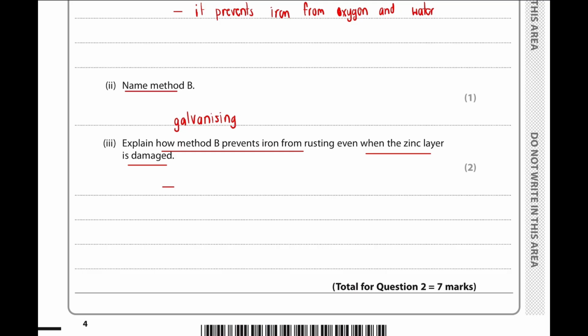First one is zinc is more reactive than iron. So zinc loses electrons in preference to iron.